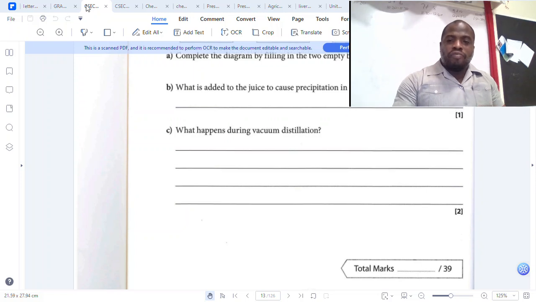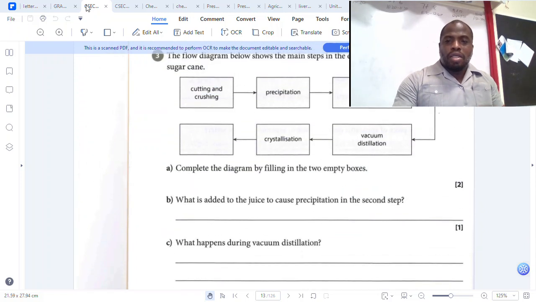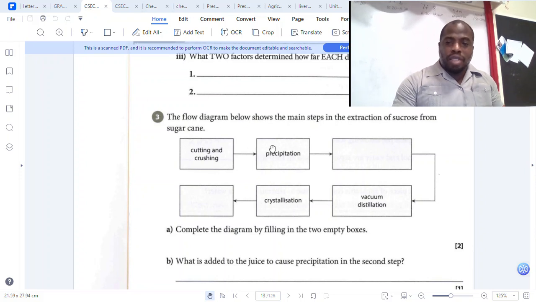Because if you look back at filtration, that would have been right here, you would have had about 80% of that syrup, and that will contain a lot of water. So when you put it in the vacuum, now you're going to cause this liquid, the water, to evaporate at this point, making it more concentrated. And even with crystallization, it becomes even more concentrated and in a solid state.